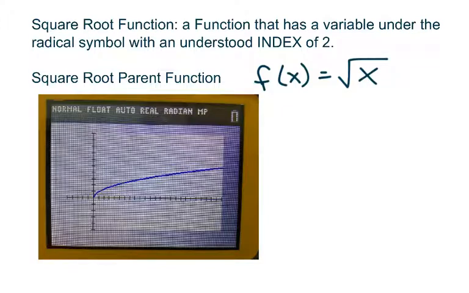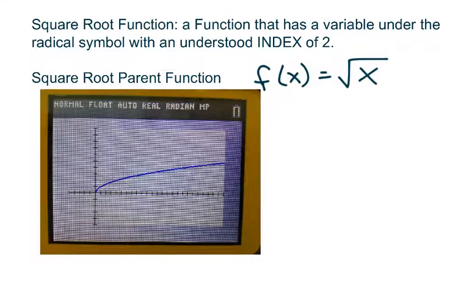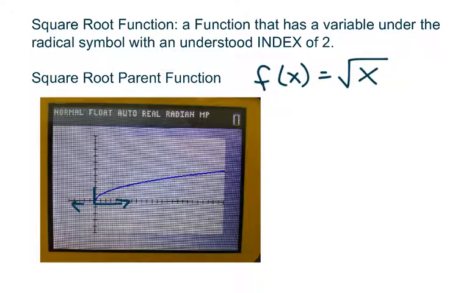Notice that it's starting where the x's are positive. There aren't any negative ones. Why? Because remember, if we put a negative underneath a square root sign, we are going to get an imaginary number. And we're not dealing with imaginary numbers right now. We're working in the real number system.